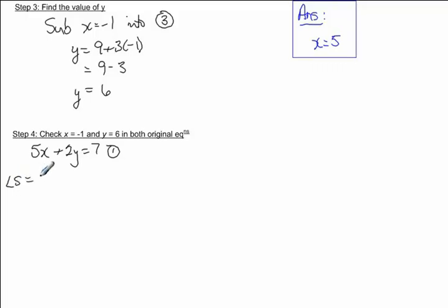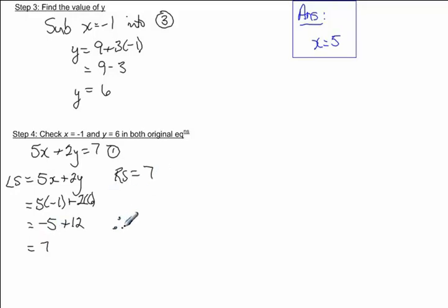The left side is 5x plus 2y, so it's just the left side of the equal sign. I'm going to sub in my x value and my y value, so I have 5 times negative 1 plus 2 times 6, and I get negative 5 plus 12, which is equal to 7. My right side, which is just the right side of the equal sign, is 7.